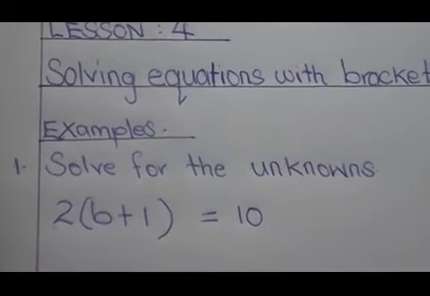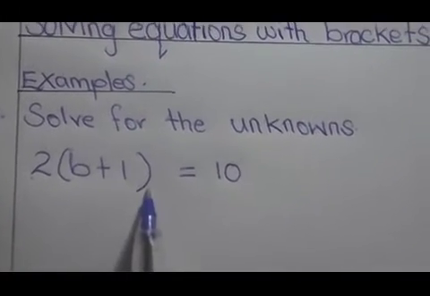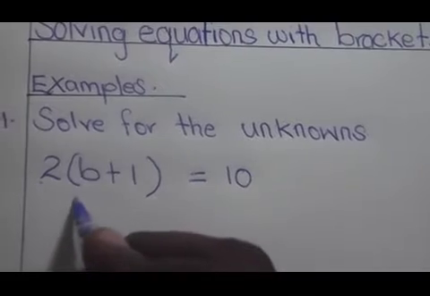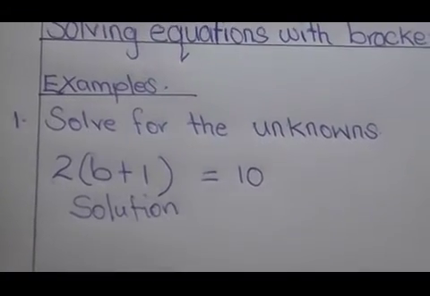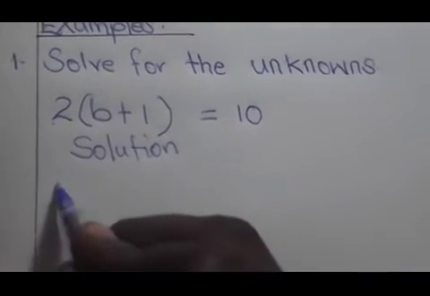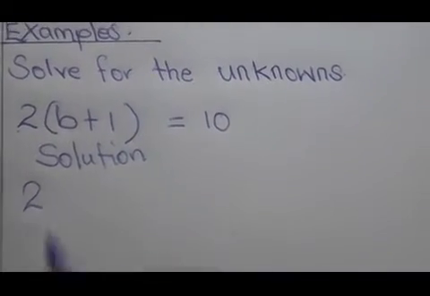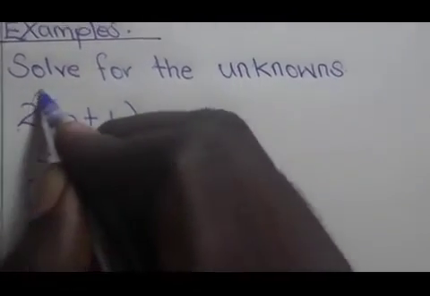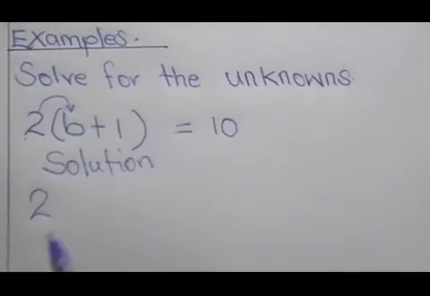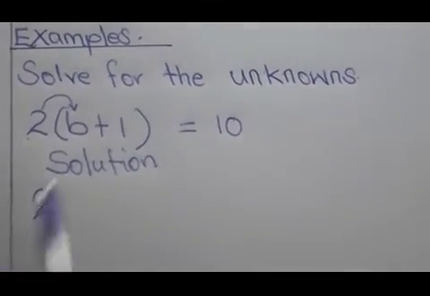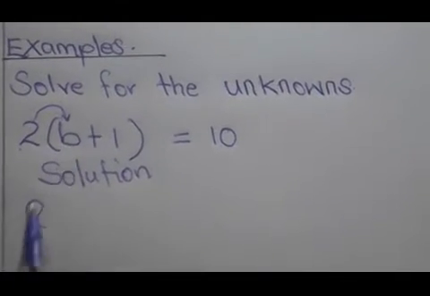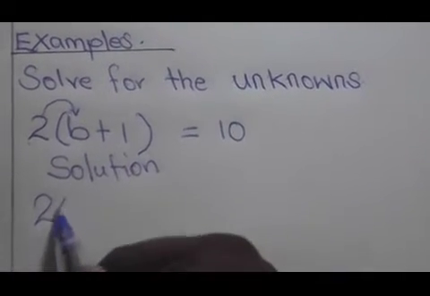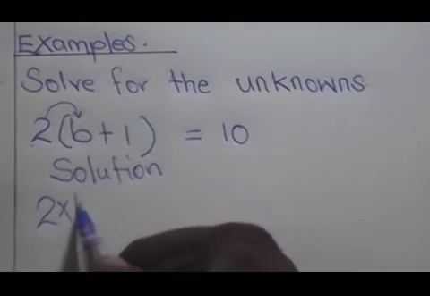What happens? We first remove the bracket here. Let's remove together. So our solution will be: positive 2, we are removing brackets now, times the term outside the bracket multiplies each term inside the bracket, beginning with the first one. So we are multiplying 2 times b.